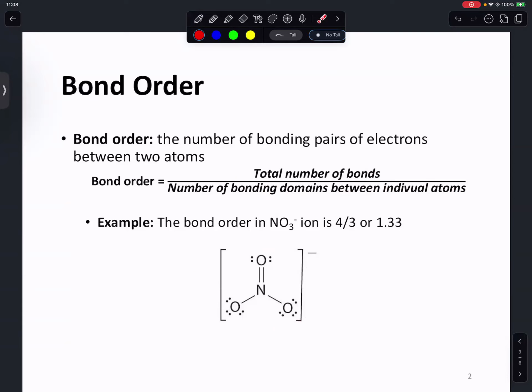So the total number of bonds of nitrate ion will be 1, 2, 3, 4. So it's going to be 4. And then the number of bonding domains indicates the number of bonding regions. So how many regions do we have? 1, 2, 3 regions. So it'll be 4 over 3, which is 1.33.